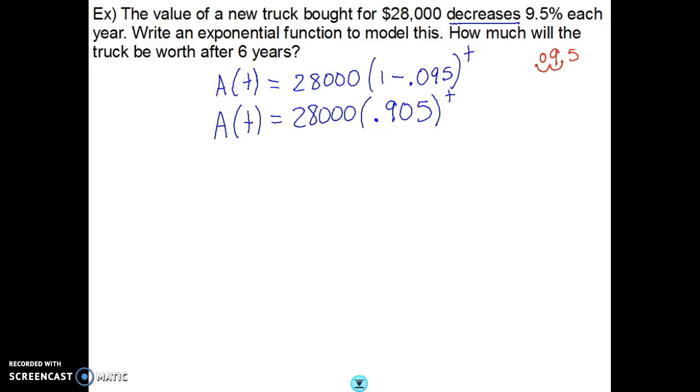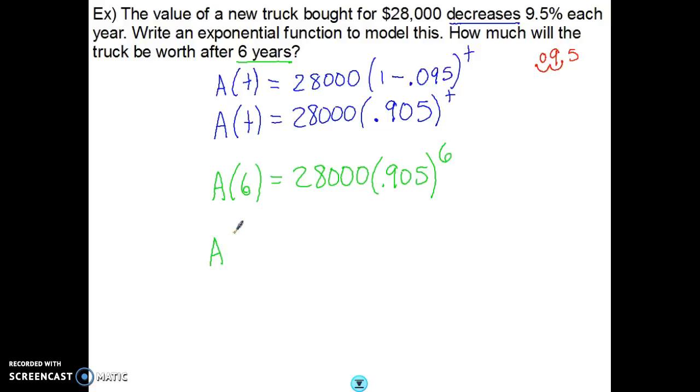Now in this exact scenario, we're looking at how much the truck is worth after 6 years. So now I want to go ahead and plug in 6 for t, because t is measured in years. All of the other pieces stay exactly the same, but now t is 6.